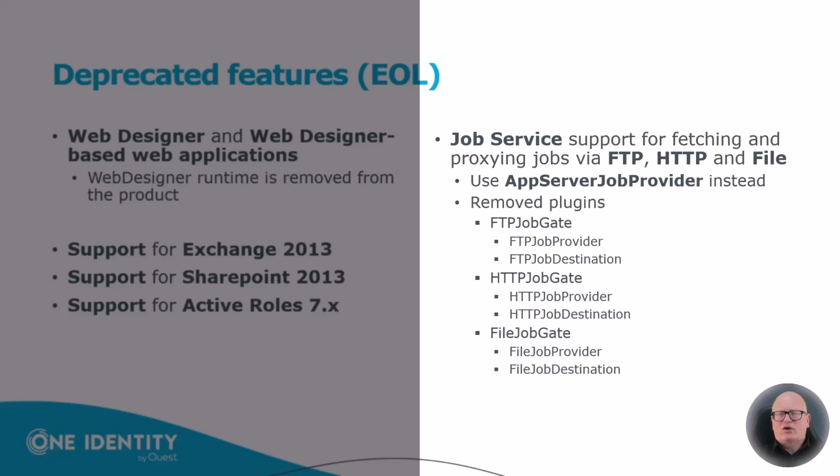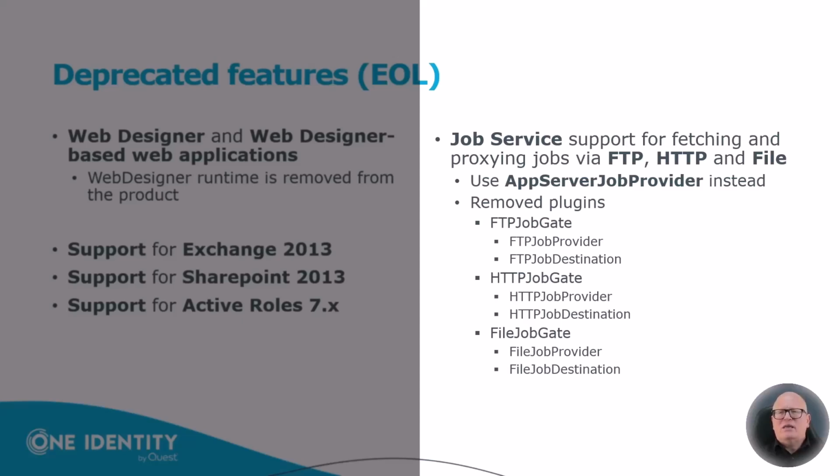Another feature, which is of course not related to .NET 8 and is something which is not available any longer, is everything what we know as job gate communication. Very in the past, people like me can remember that, we had a specific technology implemented in the server service configuration, which was allowing to send jobs around using files or HTTP or FTP or something else.